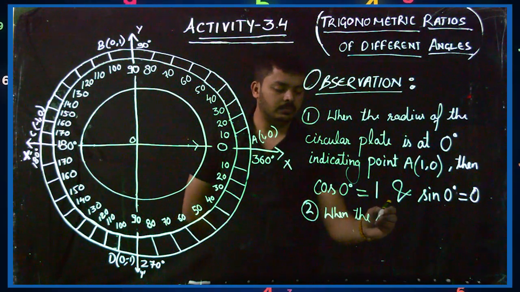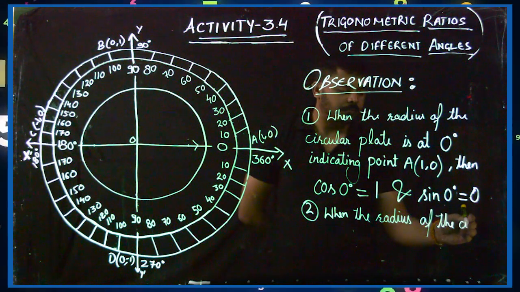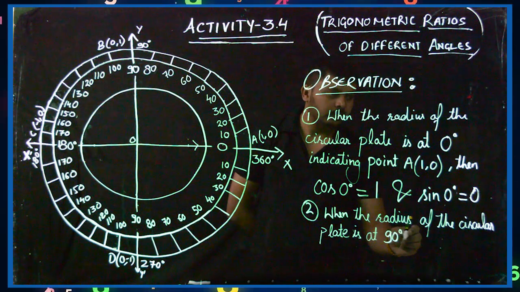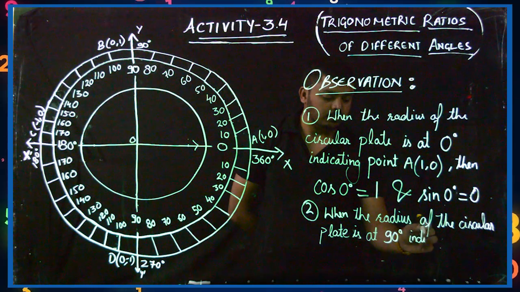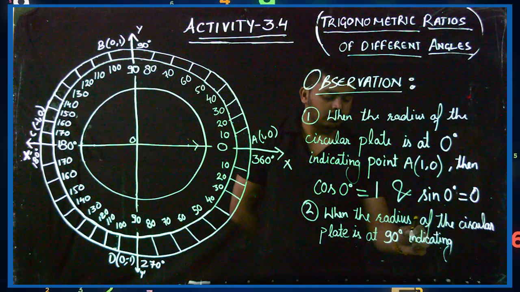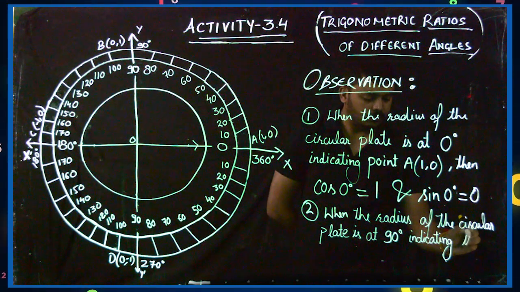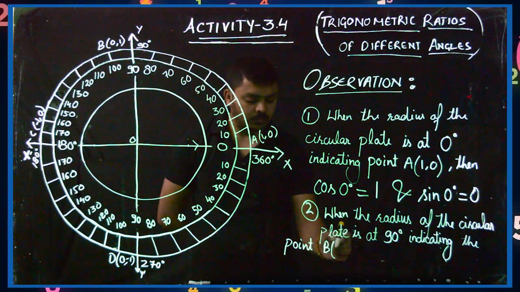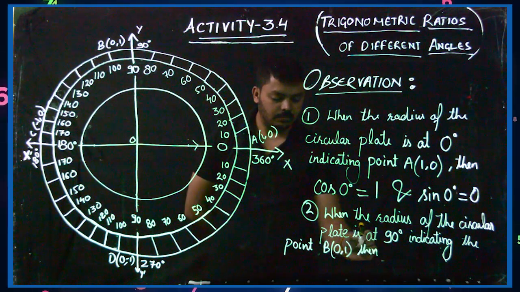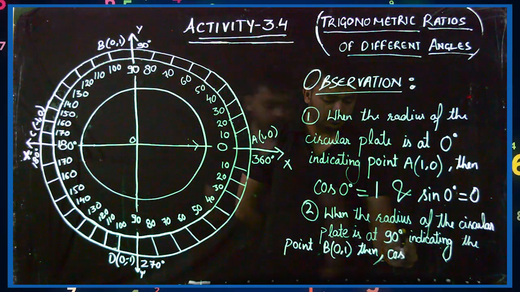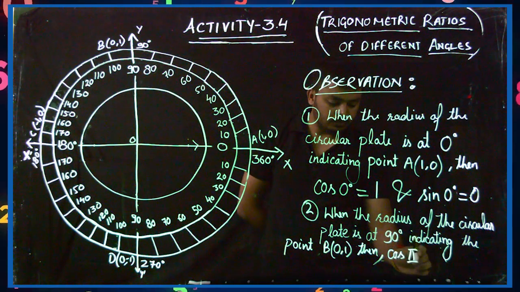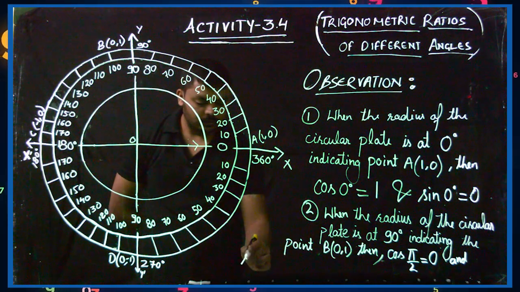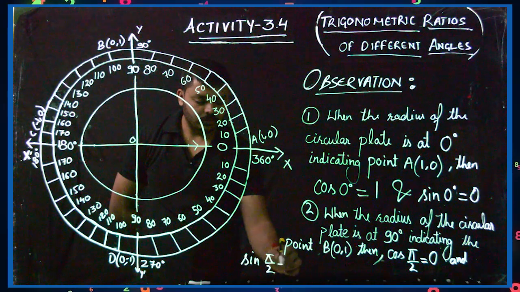When the radius of the circular plate is at 90 degree, indicating the point B (0, 1), then at 90 degree, which we can write as pi by 2, cos pi by 2 equals 0, and sin pi by 2 is equal to 1.